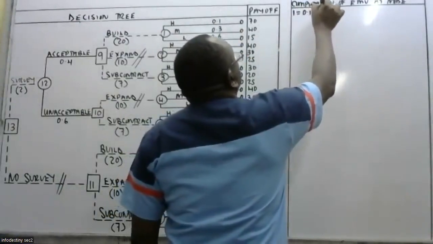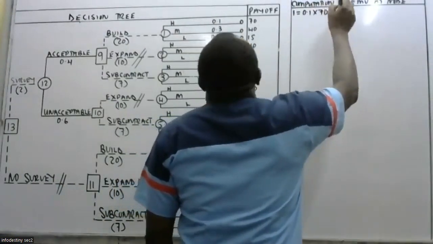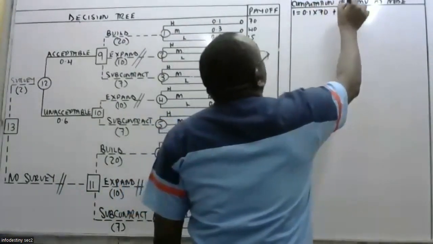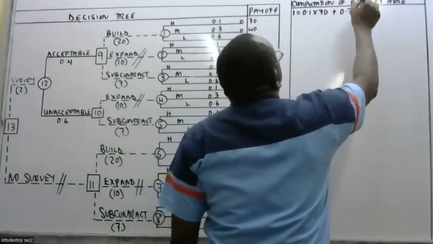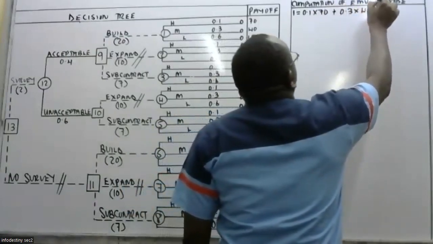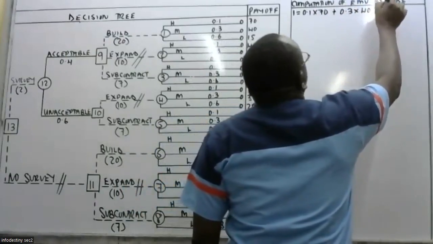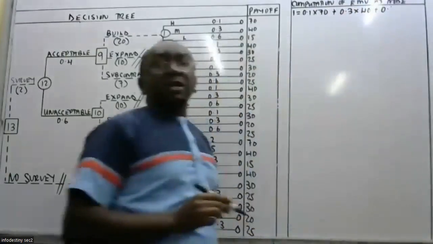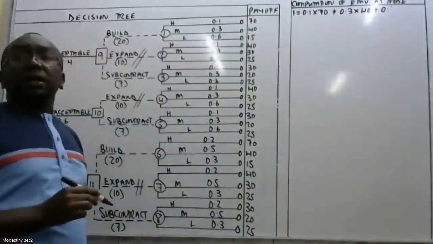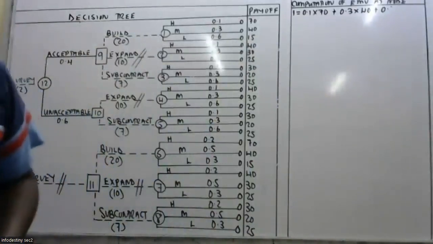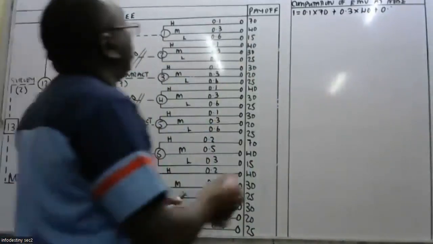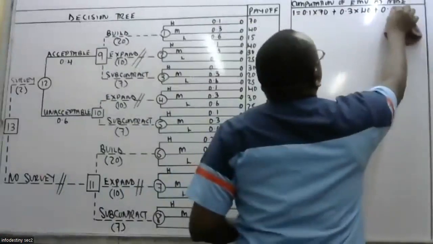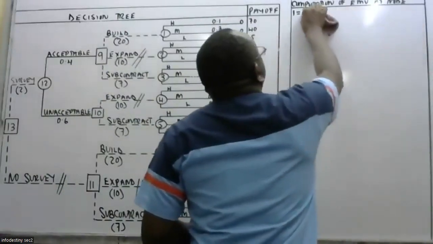0.1 times 70 plus 0.3 times 40 plus... Sorry, our probabilities were different from this one.